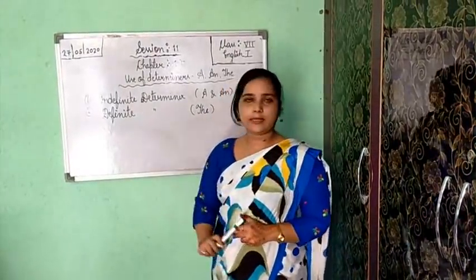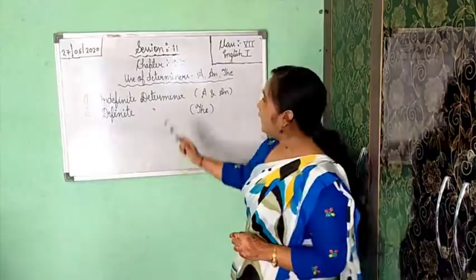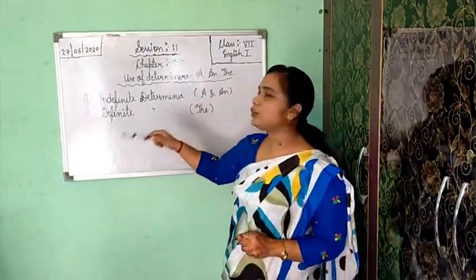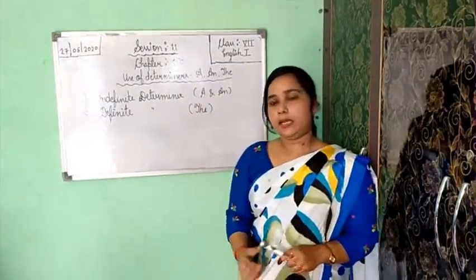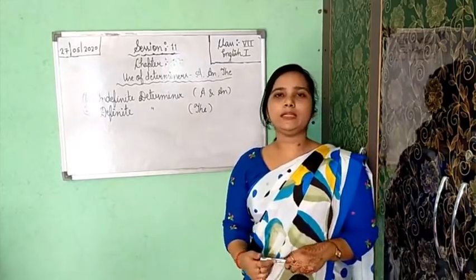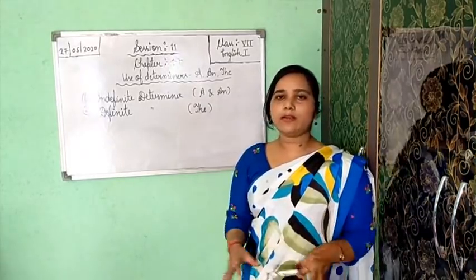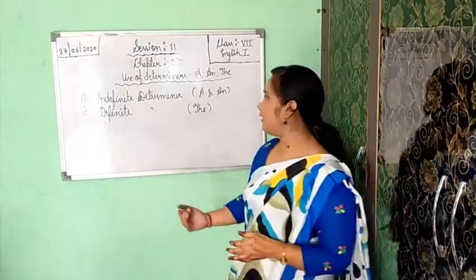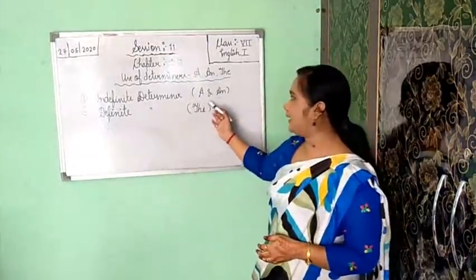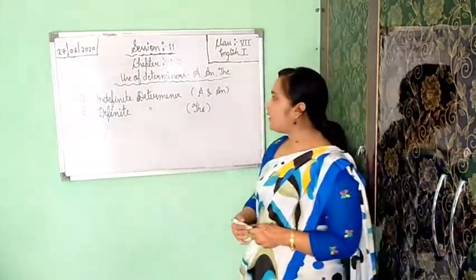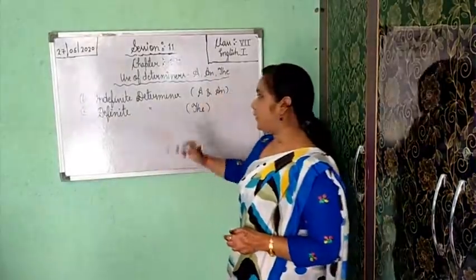First one is the indefinite determiner. The indefinite determiner does not show the particular thing. It does not show the particular noun. When we are using a noun in a general way, we will use the indefinite determiner, that is a and an. Besides that, where will we use the definite determiner?